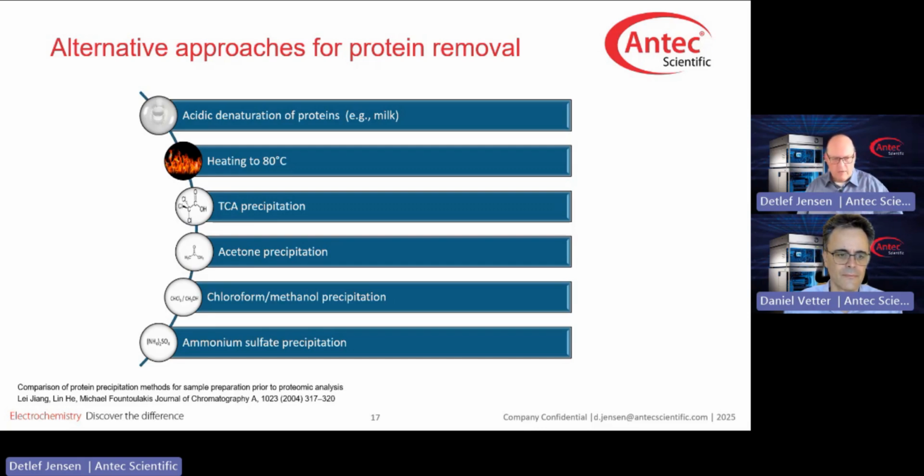Now, why do I like the chloroform methanol precipitation? If you add chloroform and methanol to your aqueous sample, you will see the formation of two phases, an organic layer and an aqueous layer, and the proteins are being denatured at the point where both layers meet.